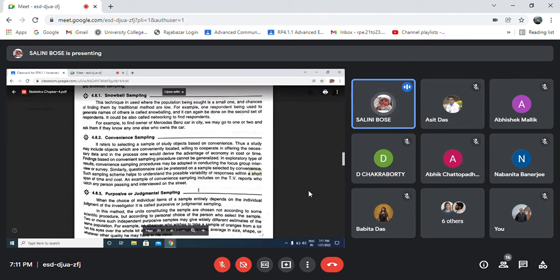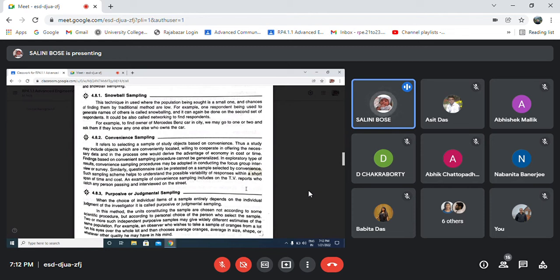So this may not be the same for any other reporter. Suppose one reporter chooses a person passing by and interviews them, and gets some information, and another interviewer may not pick that person. They may pick another person and interview them, and they may get some other information.